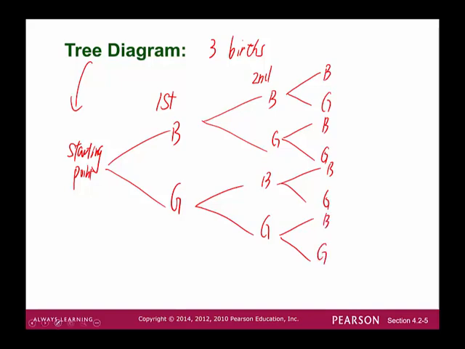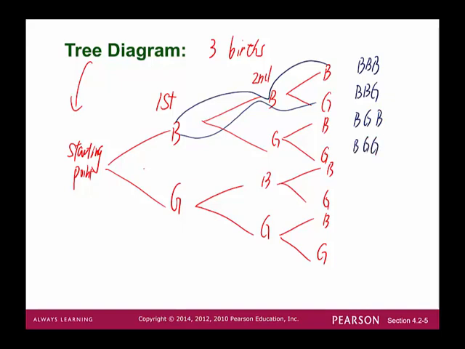Now follow the branches of the tree and you can see all the possible outcomes. The first one is boy, boy, boy: 3 boys. The second one is boy, boy, girl: 2 boys, 1 girl. The third one is boy, girl, boy, and then boy, girl, girl. That's the first half of the tree.